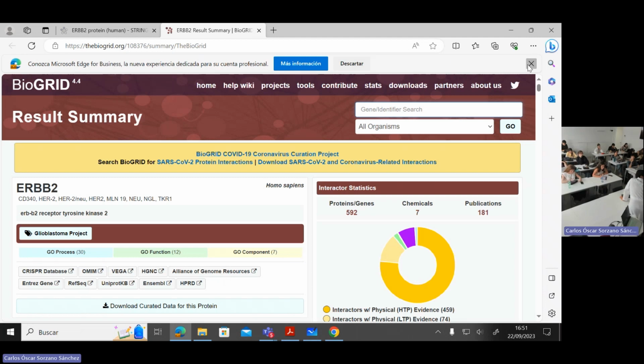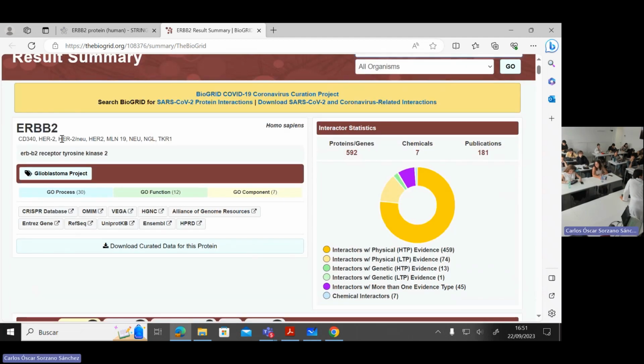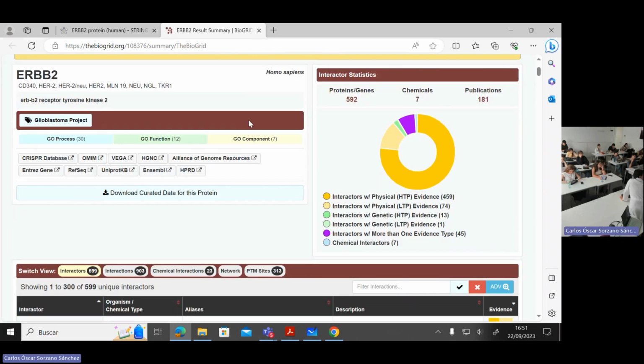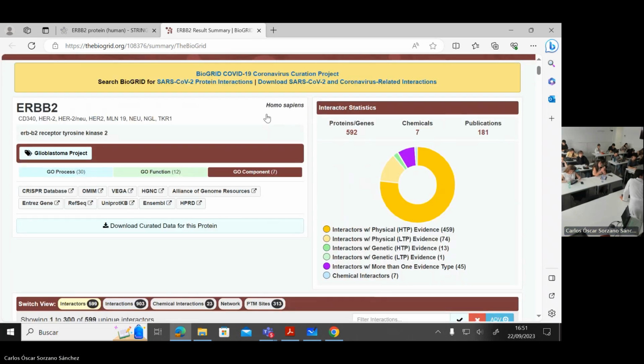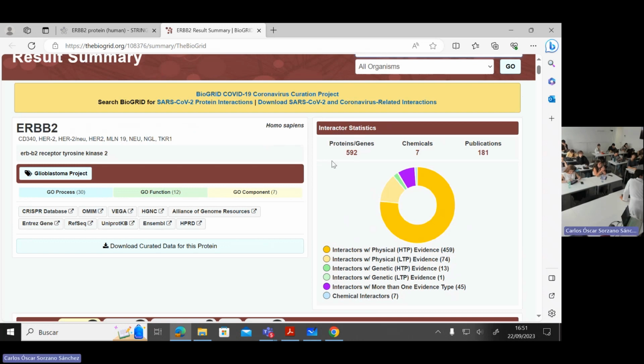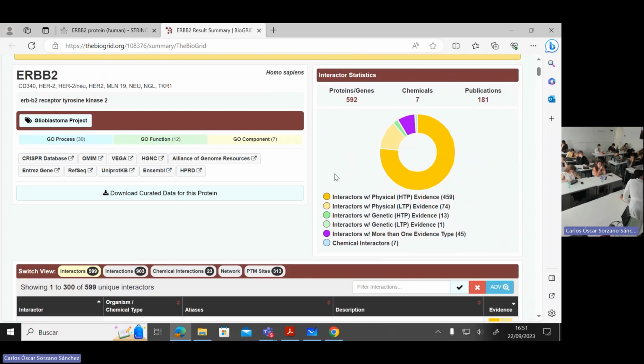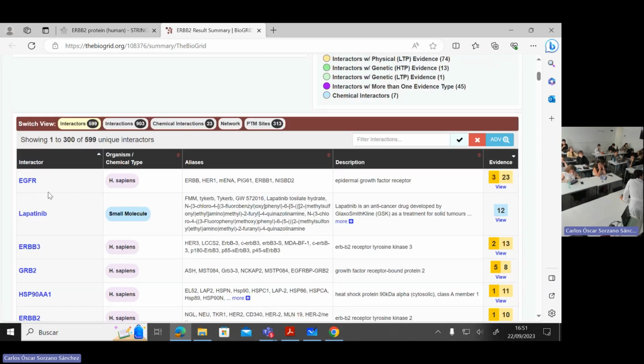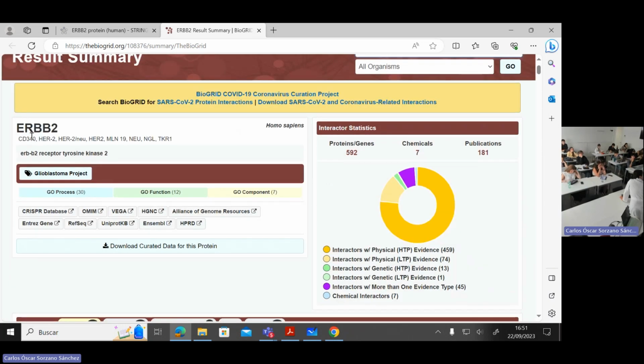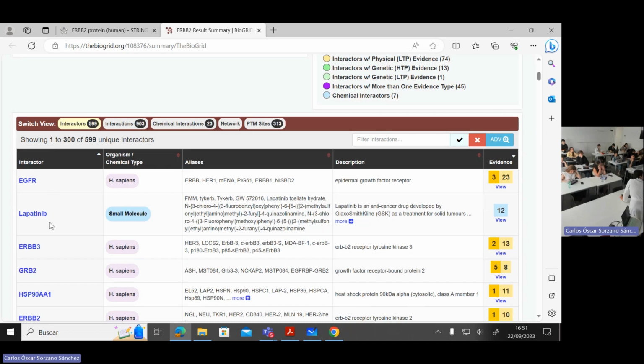Here we have a protein, and we can see how many other proteins it interacts with: almost 600 proteins, and also 7 chemicals. This information has been taken from these 180 papers. And here you have all the interactors. So that protein is interacting with this one, with this one.